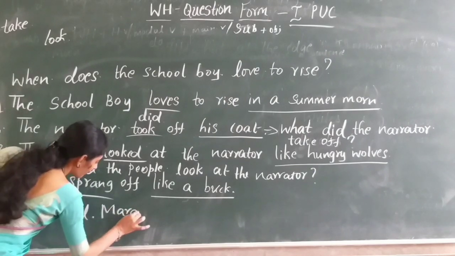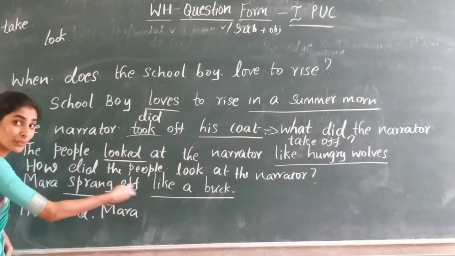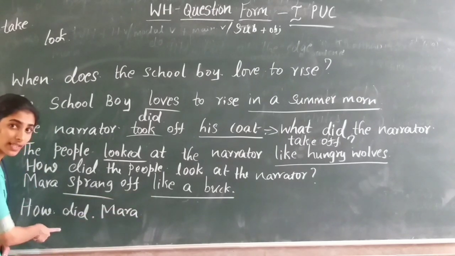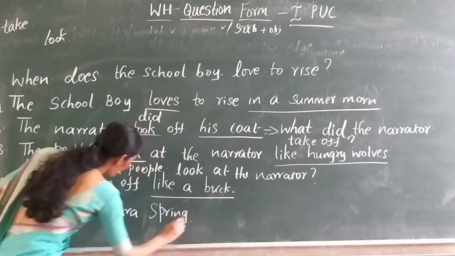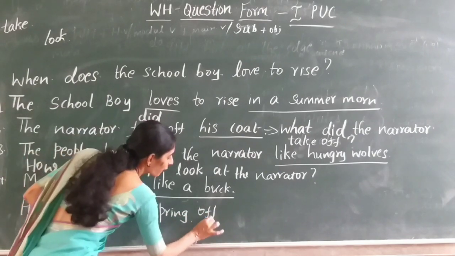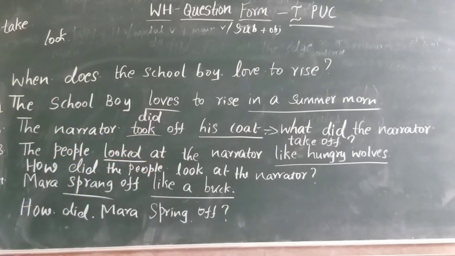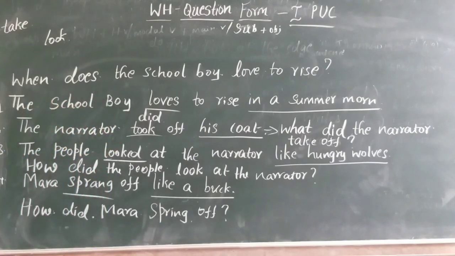How did Mara, sprang becomes spring here. We have already written did, and that is why again we cannot write sprang, it has to be spring. How did Mara spring off? Spring off is jump. So how did Mara spring off? Like a buck. That is the answer.